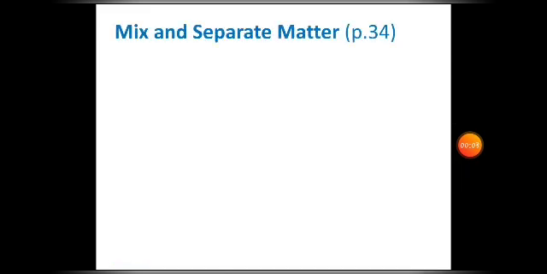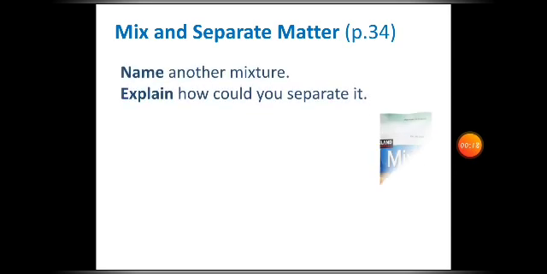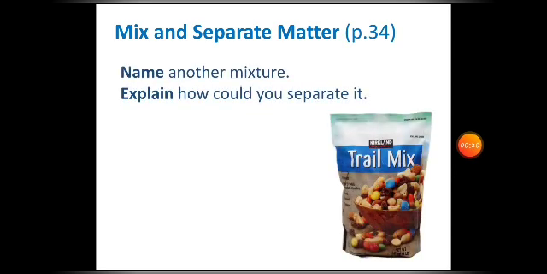Now, we are going to name another example of mixtures. I want you to write this answer on your textbook. Can you name another one? Yes. So we can have a trail mix. What is a trail mix? A trail mix is a mixture of dried fruits and nuts. And how are we going to separate them?